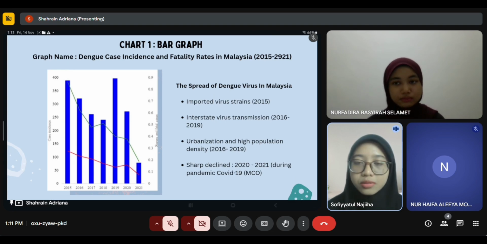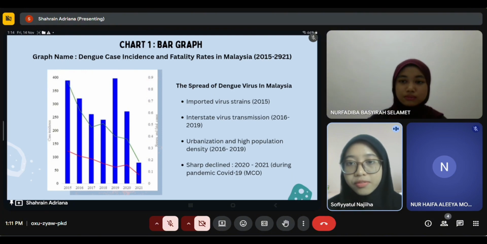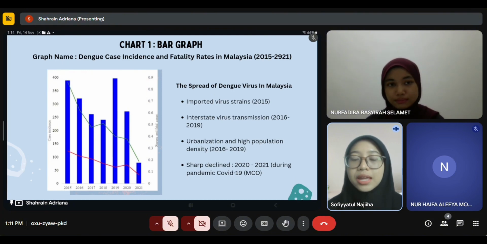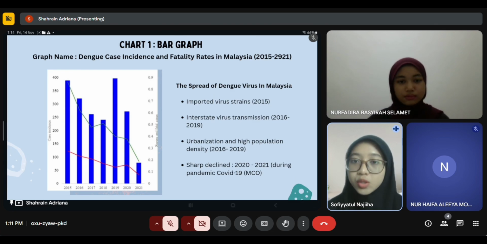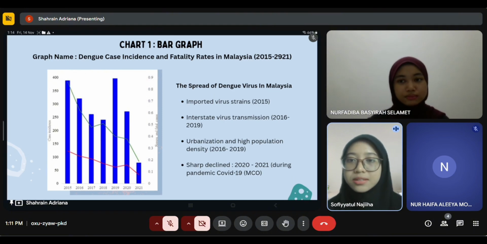While in 2016 until 2019, the spread of dengue virus was due to interstate virus transmission and urbanization, especially in Selangor and Johor, which have a very high population density that can make it much easier for the mosquitoes to breed.